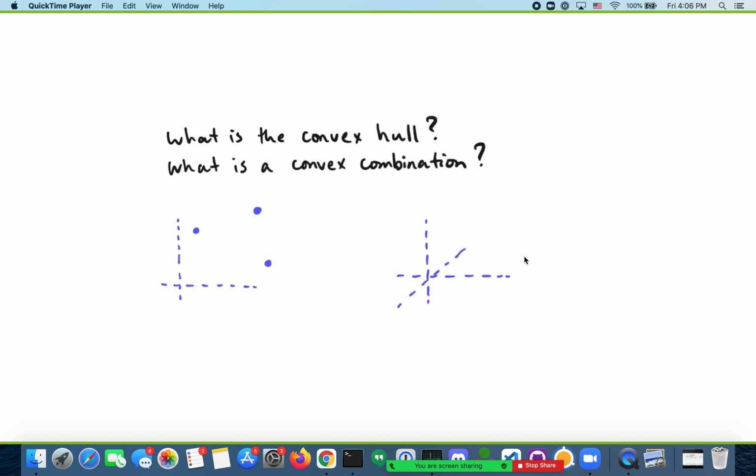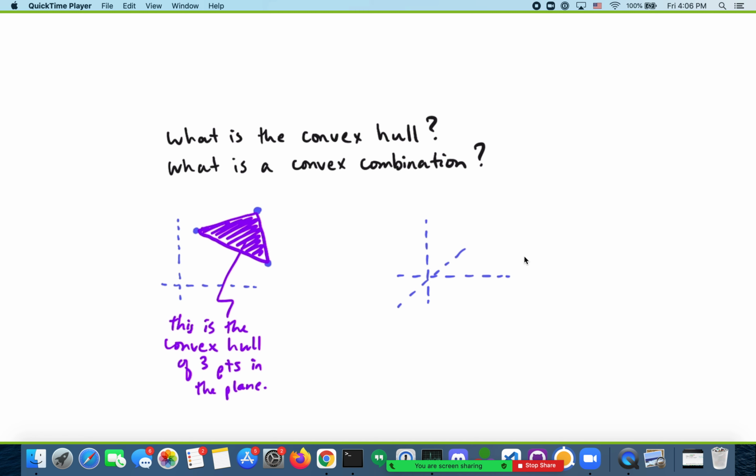Their convex hull is the entire triangle, including everything inside of it, and including those points, which are the vertices of the triangle. So that is the convex hull of 3 points in the plane.